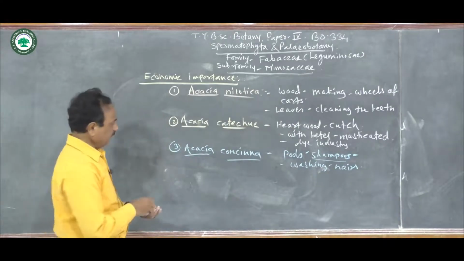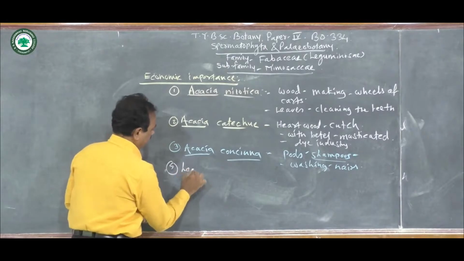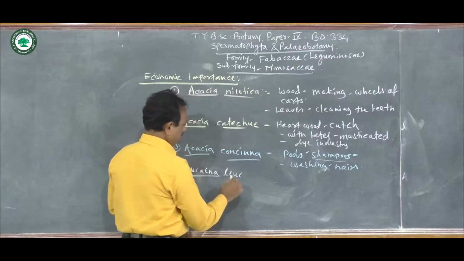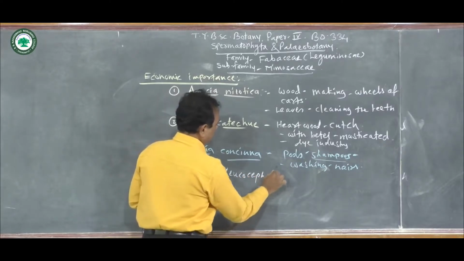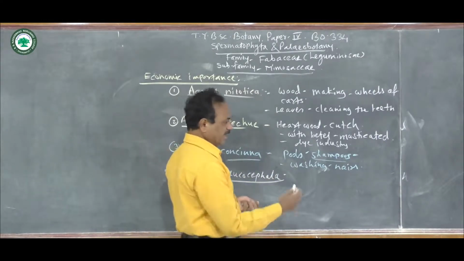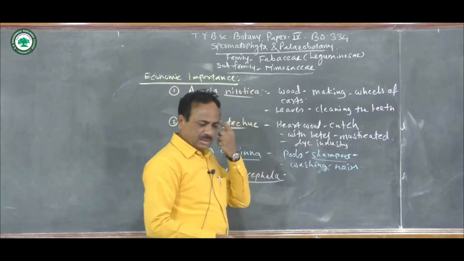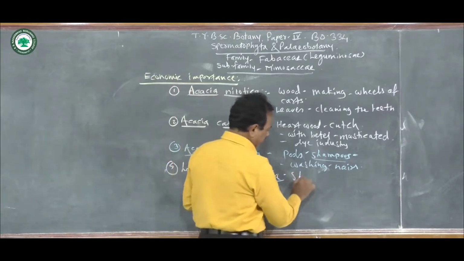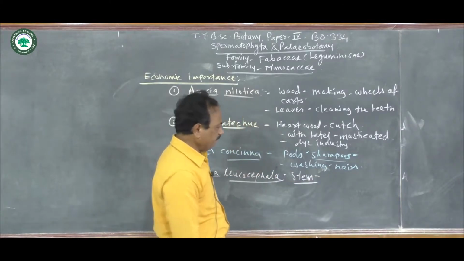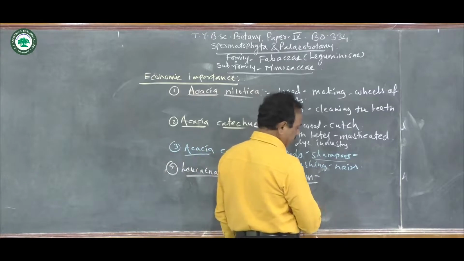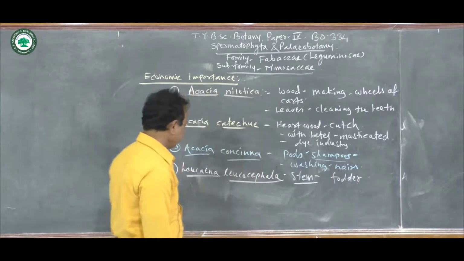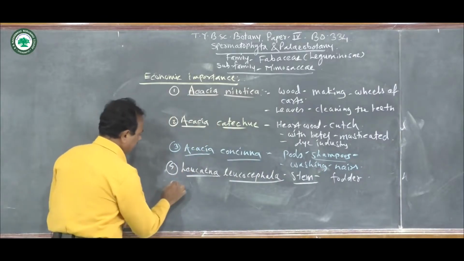Then the next is Leucaena leucocephala. This plant is generally cultivated for its stem, which is used for manufacturing paper, and the leafy part and tender branches are used as fodder for animals.